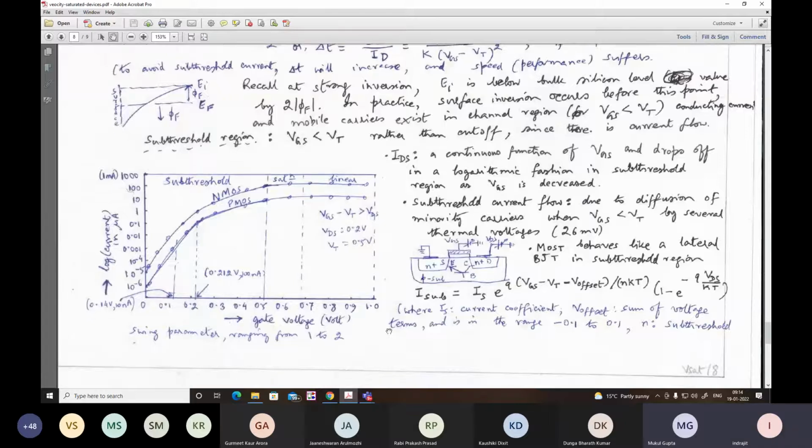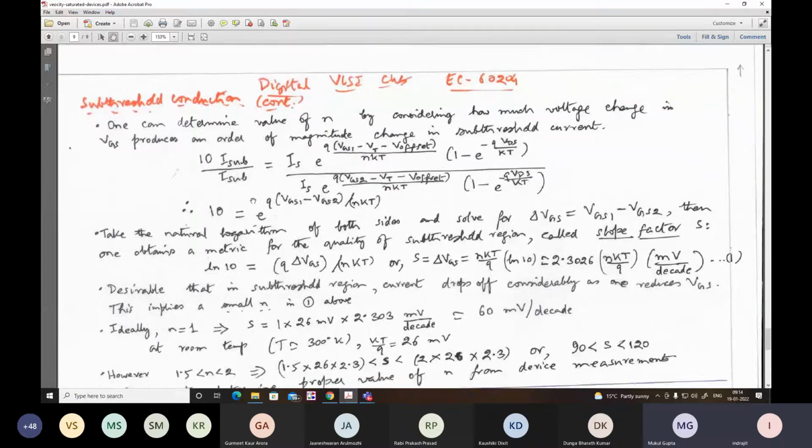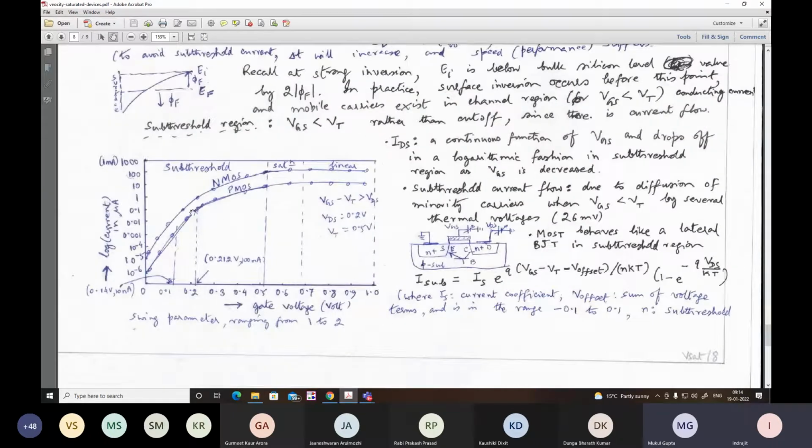One can determine the subthreshold swing parameter N by considering how much voltage change in VGS produces an order of magnitude change in the subthreshold current. For example, here we saw that current drops from 100 nanoampere to 10 nanoampere when VGS changes from 0.212 volt to 0.14 volt.